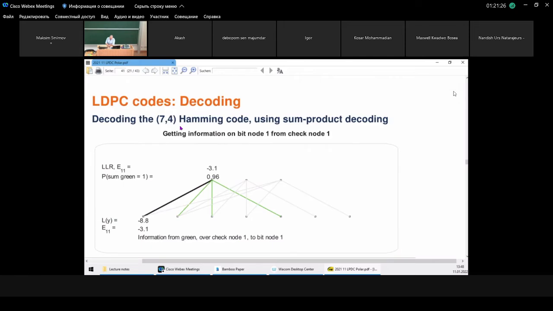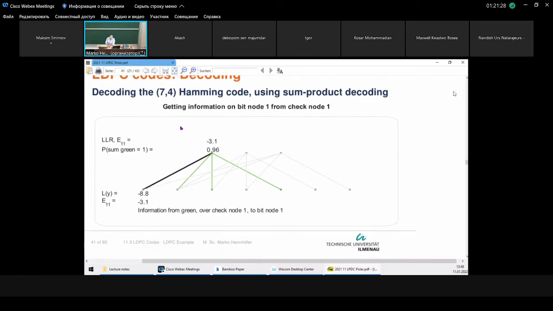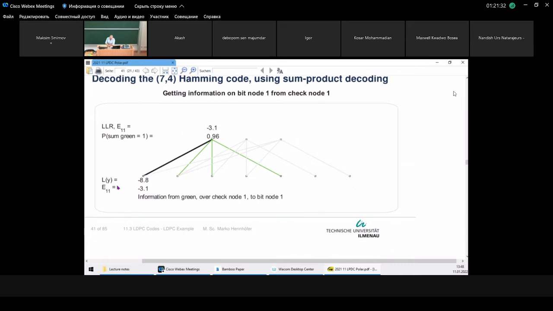Okay, just continuing this. Note, now here at this bit node 1, I have the -8.8 from the observation of bit node 1, and I have the -3.1 extrinsic information from these 3 green guys. This is basically just combining what I know about my bit node 1.